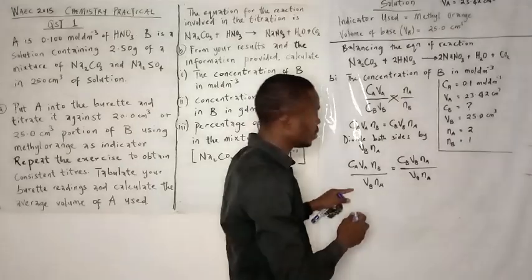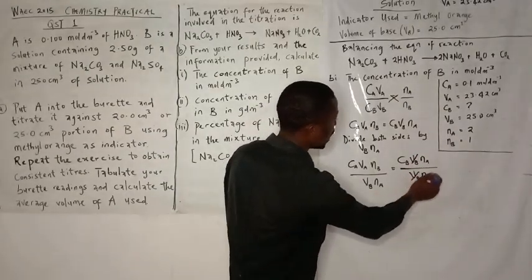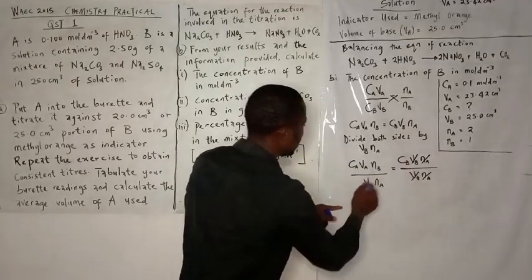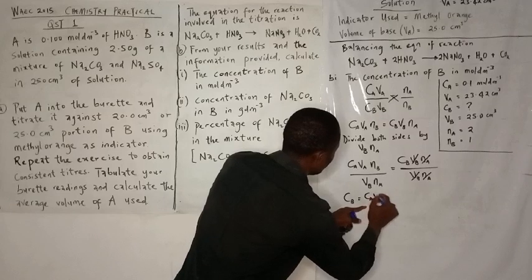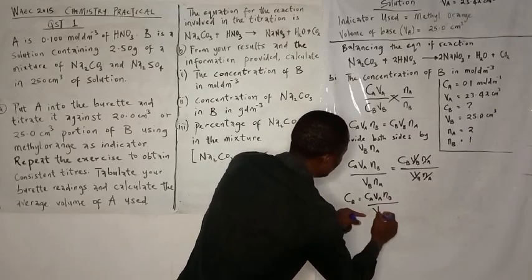Now why are we doing this? We are doing this because we actually want Vb to cancel Vb and Na to cancel Na, so that we have only Cb. So we have that Cb is equal to CaVaNb all over VbNa.